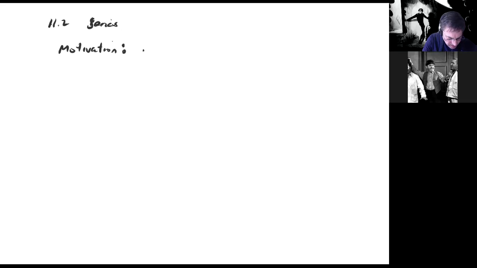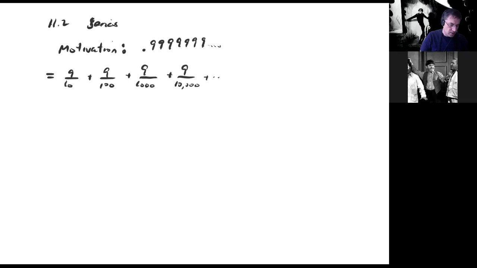Suppose I write some infinite decimal, like 0.999999, etc. How do we understand that? Well, we understand that as 9/10 plus 9 over 100 plus 9 over 1,000 plus 9 over 10,000, etc. And we can write that in sum notation, or sigma notation, as the sum, n goes from 1 to infinity, of 9 over 10 to the nth power.